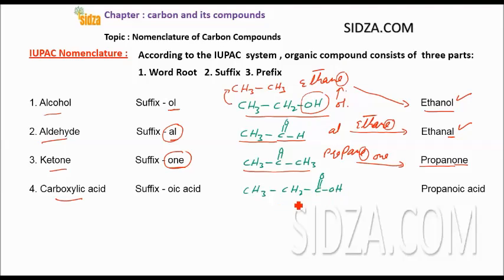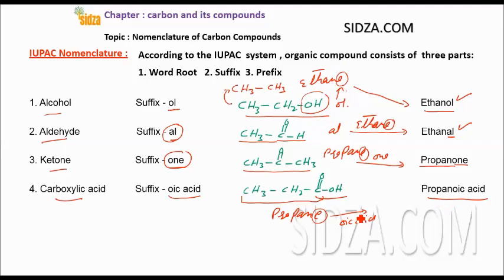Now let's look at the carboxylic acid. The functional group is COOH, and we are going to use -oic acid. In this molecule there are three carbon atoms, so the parent hydrocarbon is propane, and when I name this carboxylic acid, I will replace the E by -oic acid, so it will become propanoic acid.